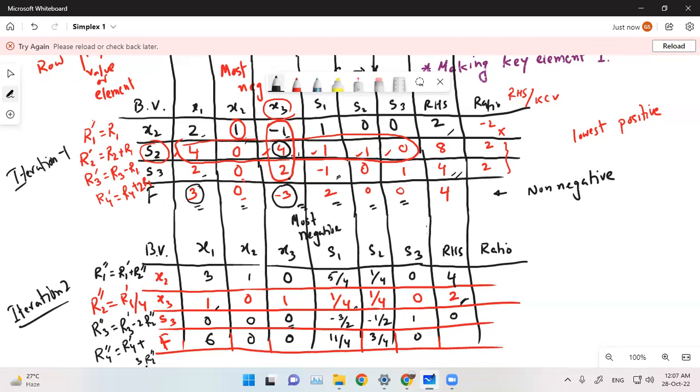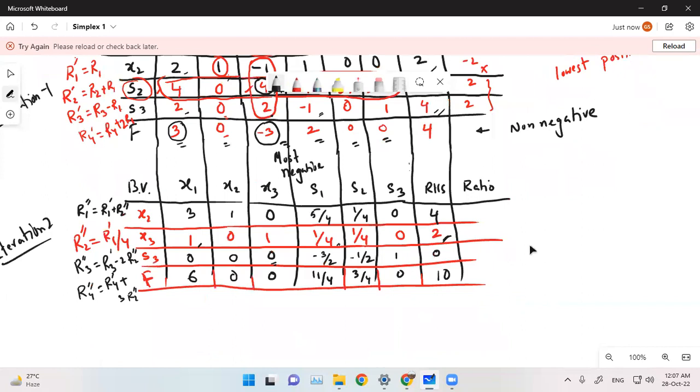Then you'll have 0 and 4 plus 3 into 2, so basically 10. So now, whether all the values of the coefficients of x1, x2, x3 are non-negative or not. As you can see, all of them are actually non-negative.